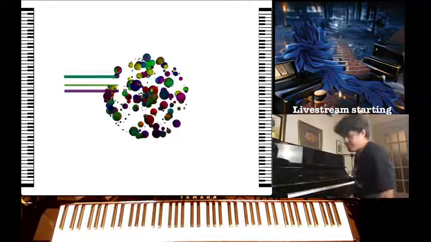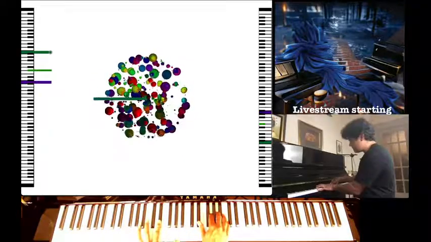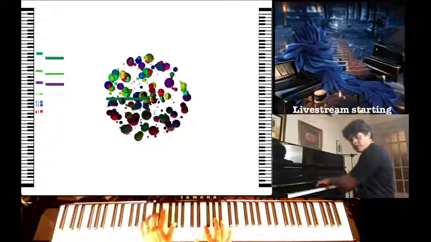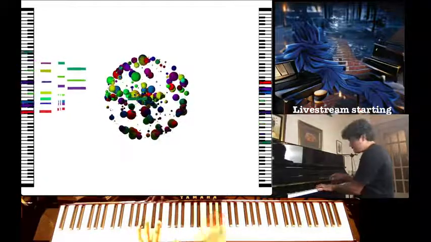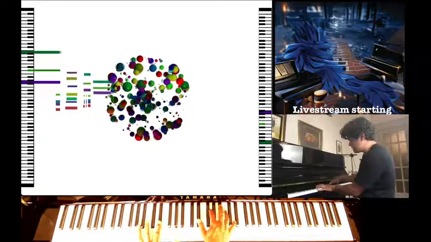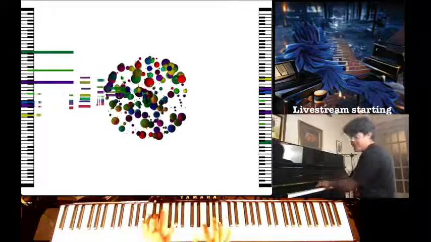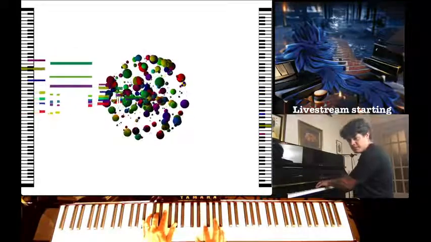So if we start in F, I'll just keep this here, and I'll do the variations here. So we start. Now we're both going to go to the 4, the B flat 7, and then back to the 1. This is going to stay in the F, and I'm going to do the variations here. So this is that turnaround that I mentioned, C minor 7, F, and then back to the 4, the B flat 7. I'm not going to do the semitone up to the B diminished.